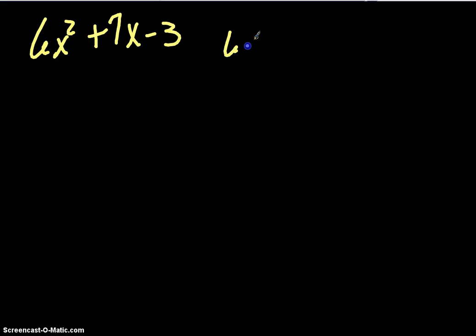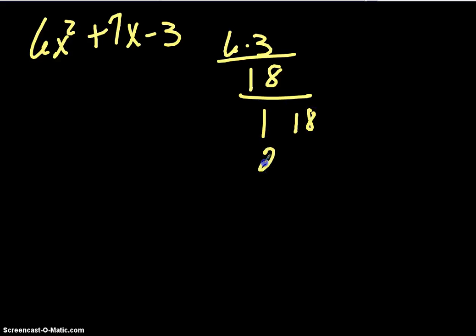Okay, so on the back of your notes, you're going to write 6x squared plus 7x minus 3. 6, 7, and 3 have nothing in common, so you're going to take your 6 times your 3, and you're going to get 18. Factors of 18 are 1 and 18, 2 and 9, 3 and 6. Signs are different.